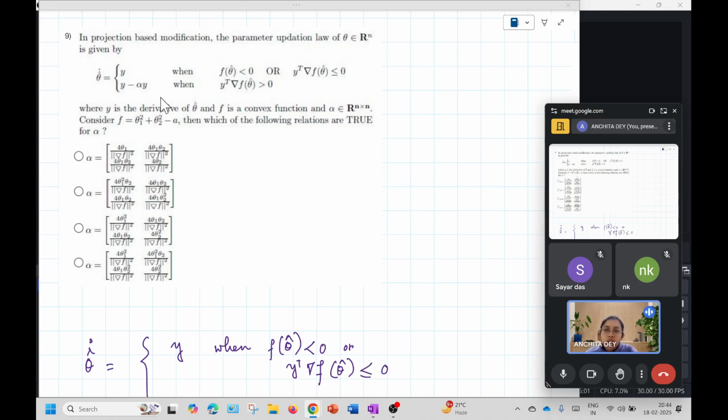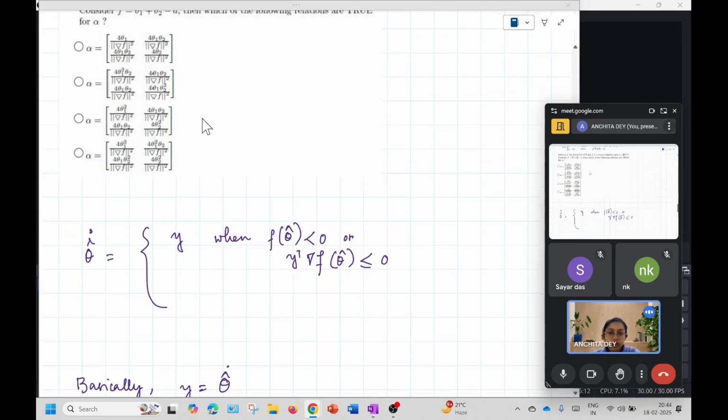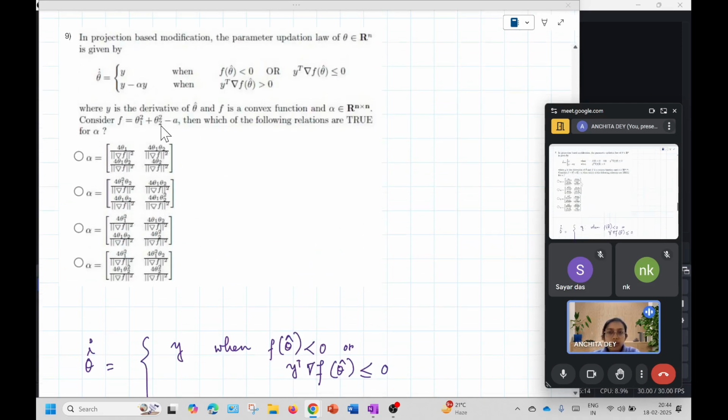Note that y is the derivative of theta hat. So basically y is equal to theta hat dot. This is given to you.